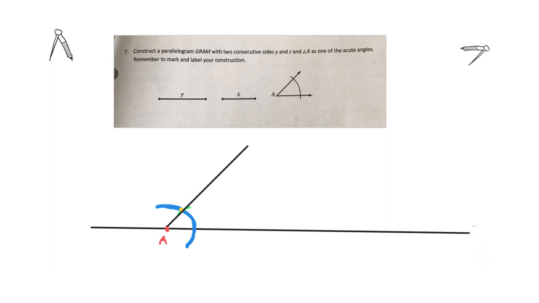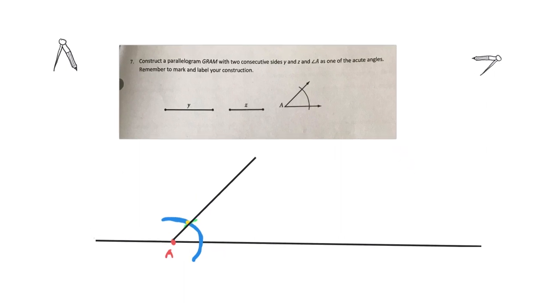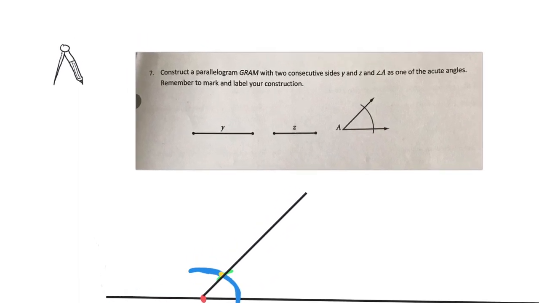Then one of the consecutive sides is going to be Y, so we'll put Y here. We'll put Z across the top. I see no reason why we can't just do that right away. I think my student who's watching this could get this part pretty quickly, where you would use one of the compasses and gauge that distance.